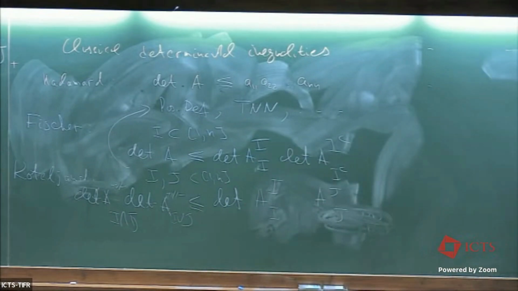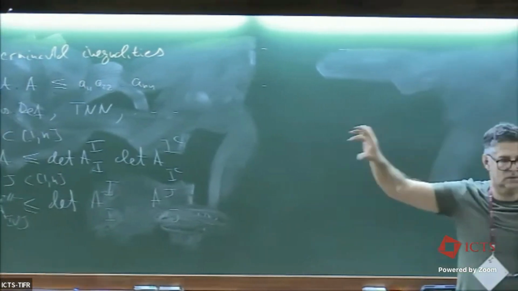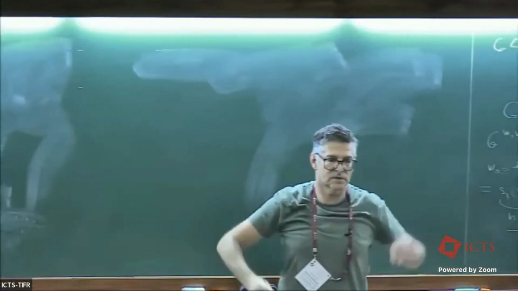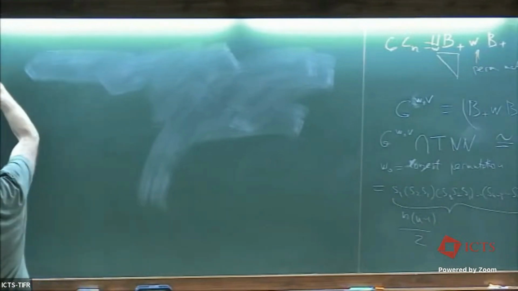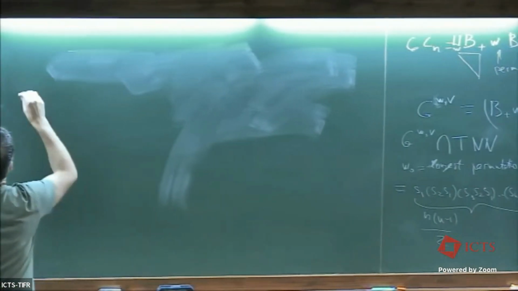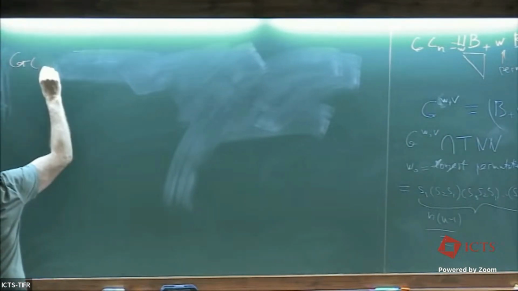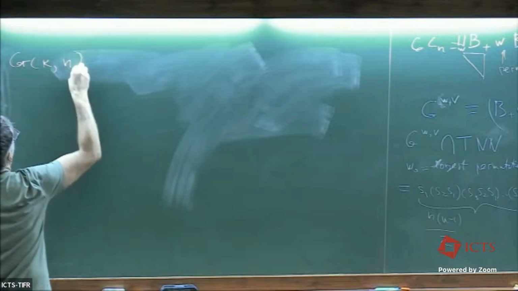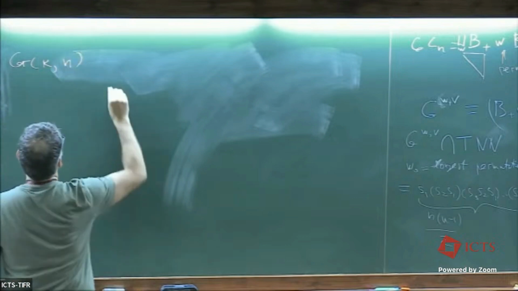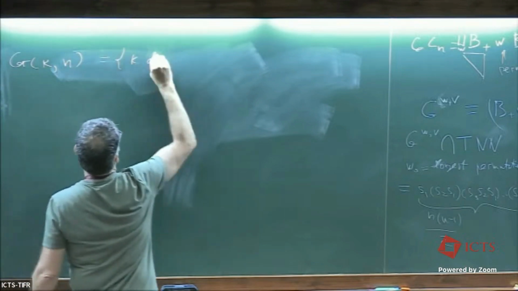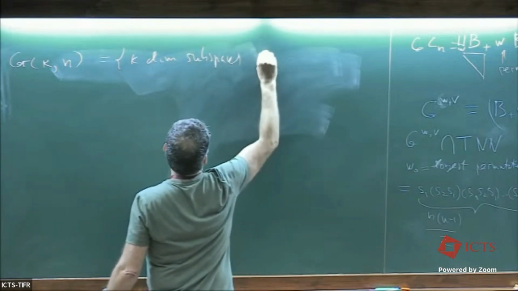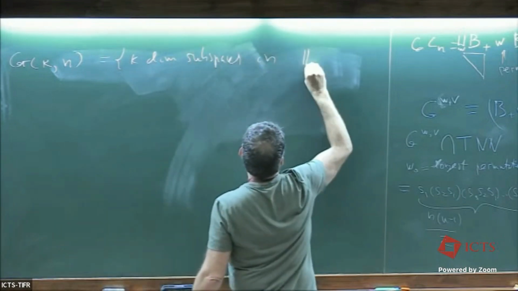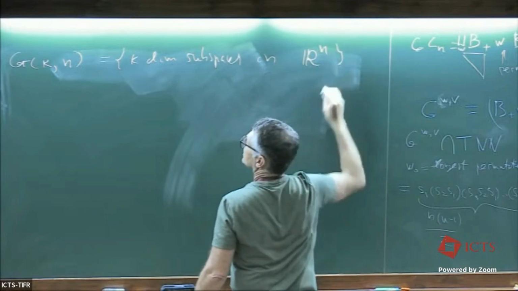Of course you can define everything like you said. You have a square or rectangular matrix, and all minors are positive. But the convenient way to do this is the following. Let's consider the Grassmannian of k-dimensional subspaces in R^n.